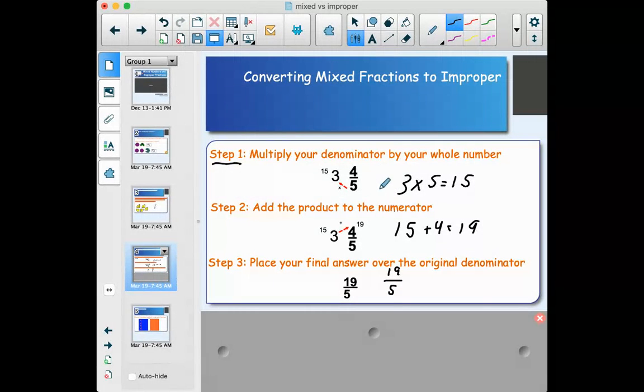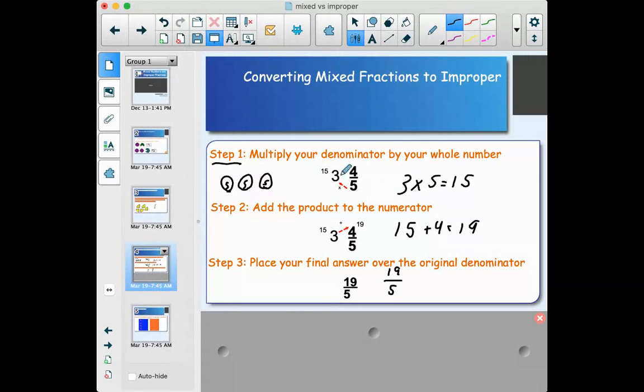Now, why that works is because when we multiply the whole number times the denominator, we're figuring out how many pieces there are in my wholes. So let's say I have 3 whole circles here, or 3 whole pizzas. If they're cut into fifths, that means I'm cutting each circle into 5. So if each one of these is cut into 5 slices, and I have 3 whole pizzas, 3 times 5 is 15.